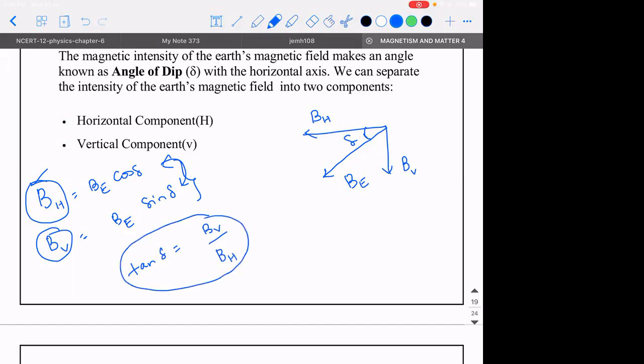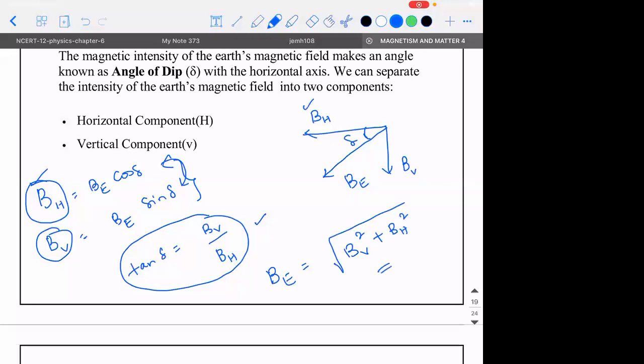Are you able to understand? This is one of the formulae. Once you calculate this value, you will get the value of delta. Delta will be tan inverse of BV by BH. That is one way. The other formula is BE equals root of BV square plus BH square. Why?